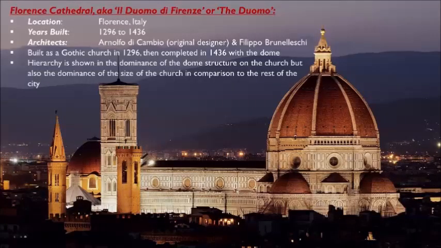Here you see the cathedral at night lit up, with the surrounding buildings of Florence in the background and in the foreground, but its hierarchy is established by its dominance over other buildings and the size of other buildings in the city.